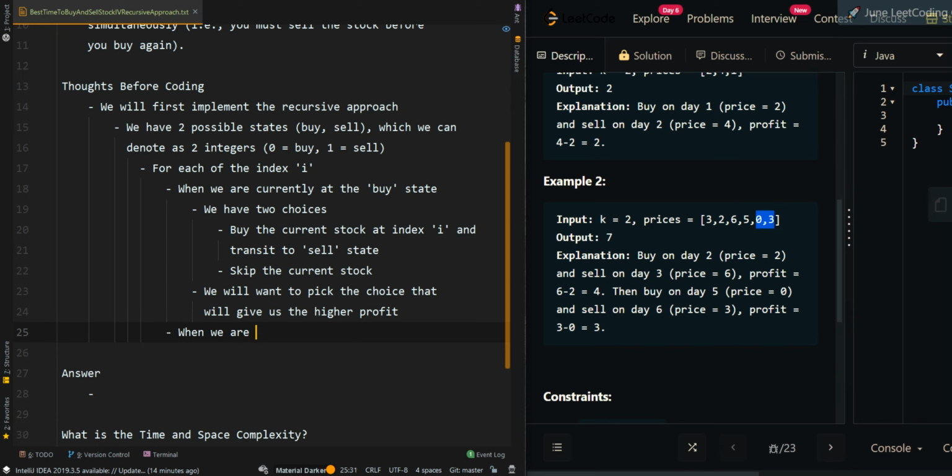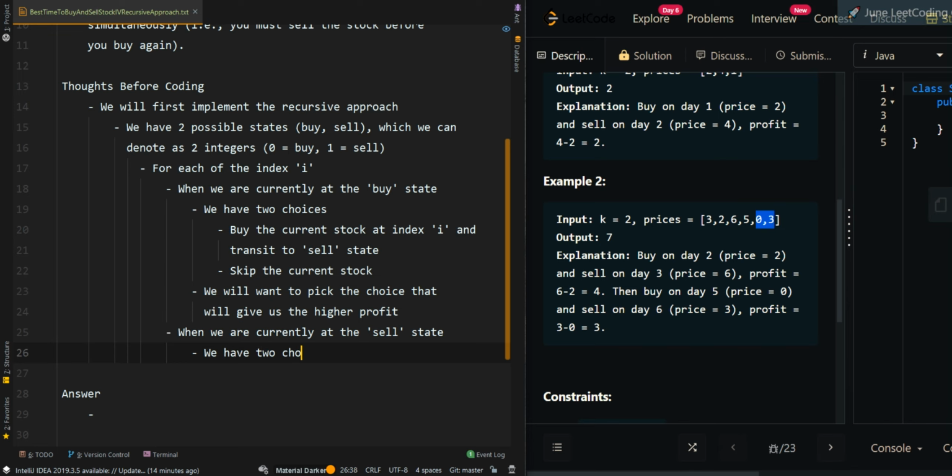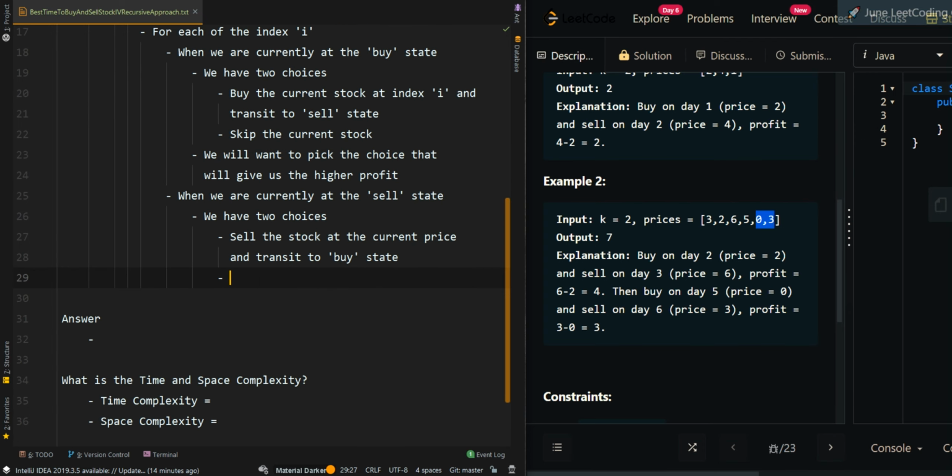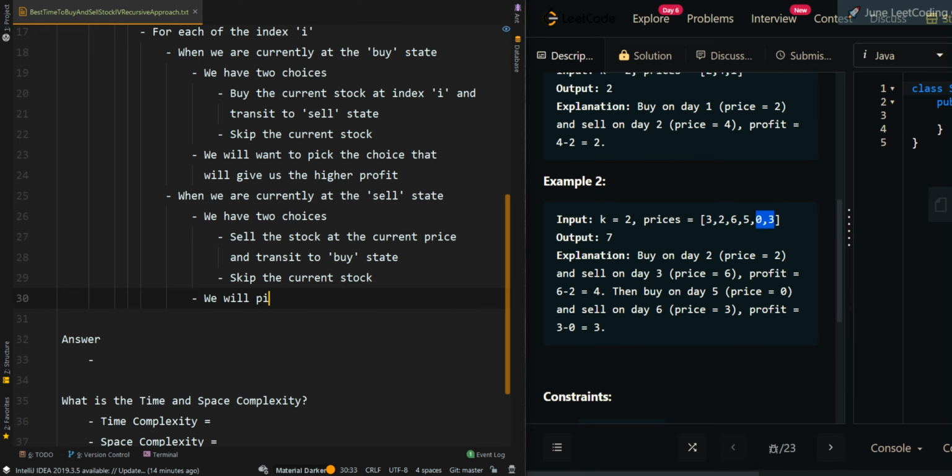Now, when we are currently at the sell state, we have 2 choices. We can sell the stock at the current price and transit to buy state, because after we sell, we can buy again, or just skip the current stock. Then we will pick the choice that will give us the higher profit.